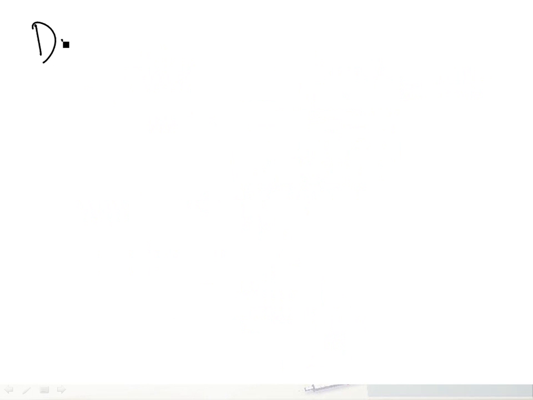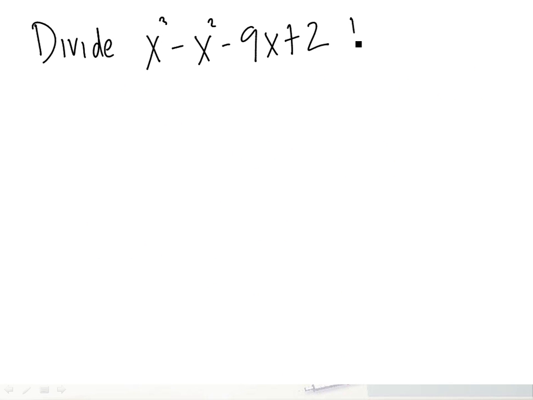Let's say you had to divide x cubed minus x squared minus 9x plus 2 by x squared plus 3x. The first thing you do is make sure that all your terms are in descending order.